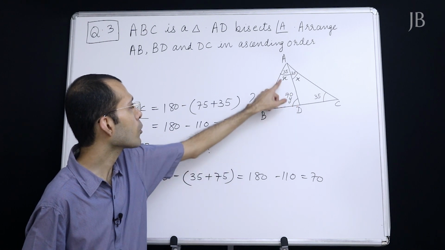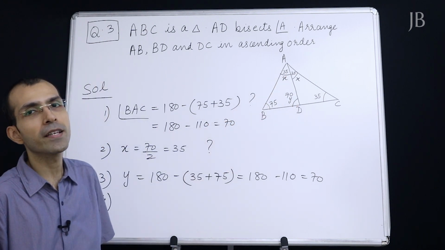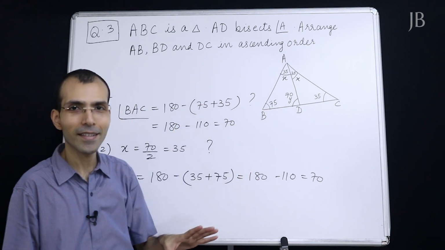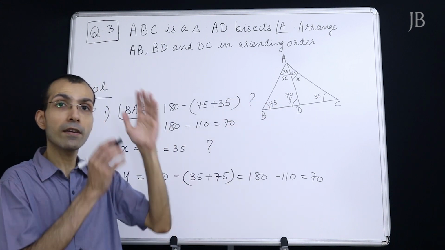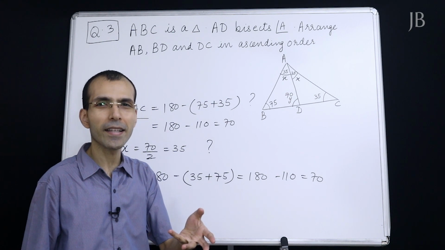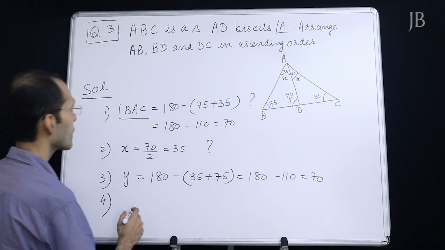BD is opposite to 35 degrees. So who will be greater? Naturally AB will be greater than BD because AB is opposite to 70 degrees and BD is opposite to only 35 degrees. So side opposite to greater angle is greater.